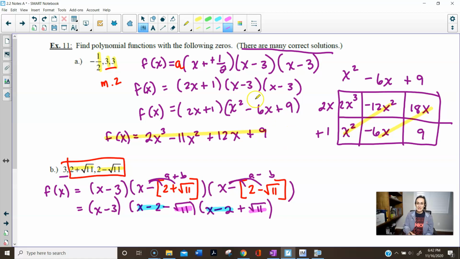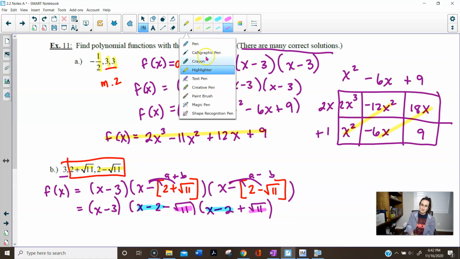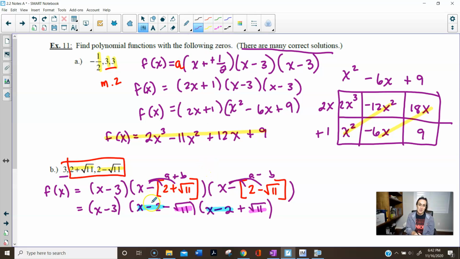So what's happening here is you have an A minus B and an A plus B. So if you take x minus 2 times x minus 2, that's first times first. And so x squared subtract 4x plus 4 is what you get when you do first times first.